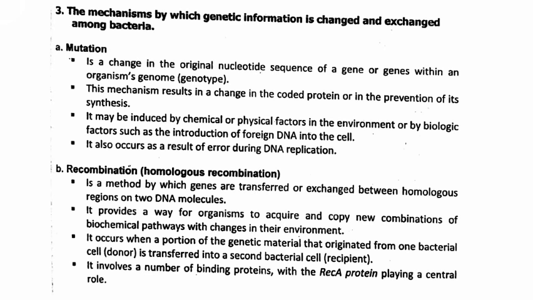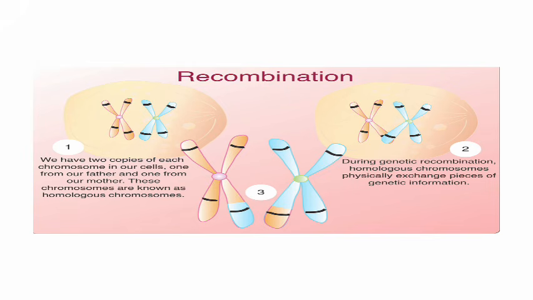So it occurs when a portion of the genetic material that originated from one bacterial cell, or the donor bacterial cell, is transferred into a second bacterial cell, or the recipient. And recombination involves a number of binding proteins, with the RecA protein playing a central role. Now, this shows you a simple diagram of how recombination happens.